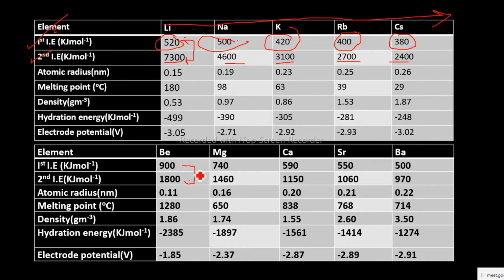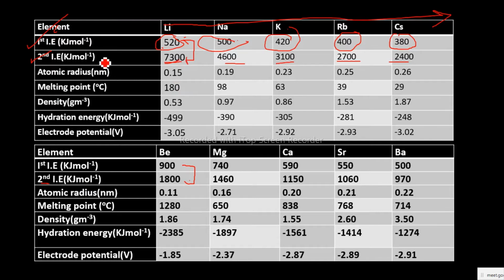Basing on this, if you take the ratio, dividing 73 by 520, the value you get is much higher than the value you get here, which implies that the second electron was drawn from the same energy level. So the energy is not the same, but similar, as compared to this.